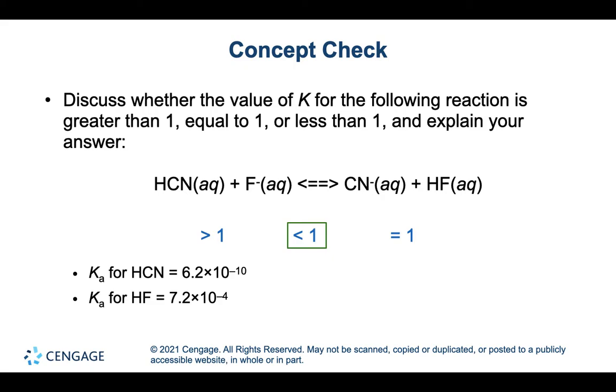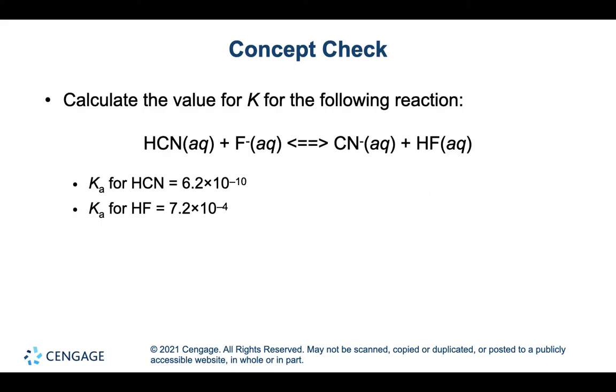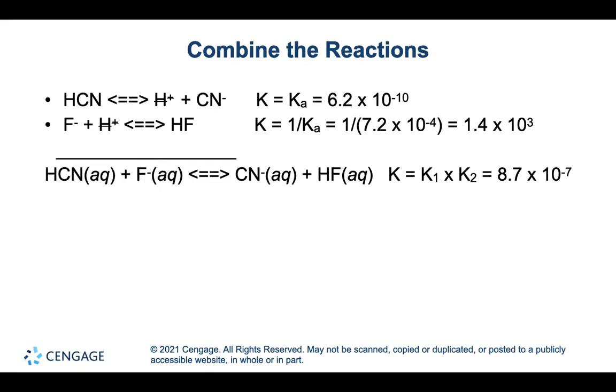Now we can actually calculate that. Let's show you how we could calculate the K value. We have the reaction, and we have the Ka for HCN and the Ka for HF. We could look at this as the HCN reaction going to the right with a K of 6.2 times 10 to the minus 10, but then we flip the reaction for HF.